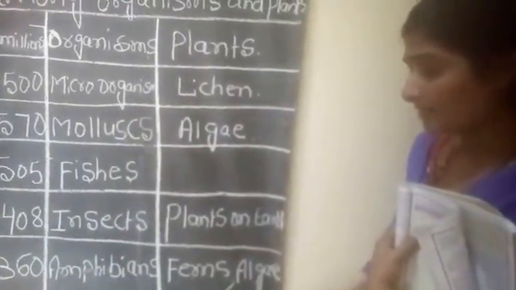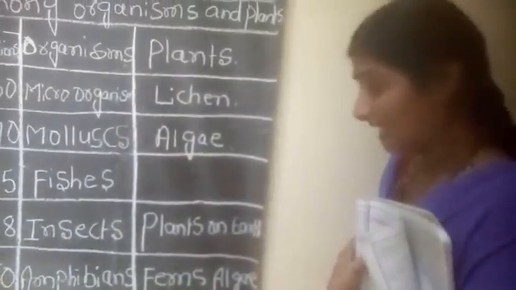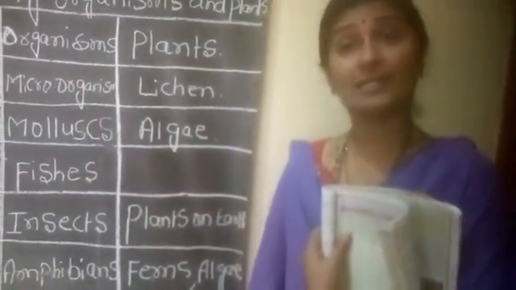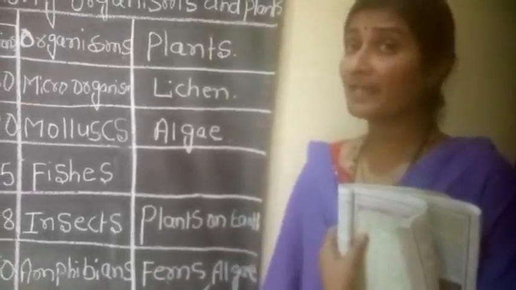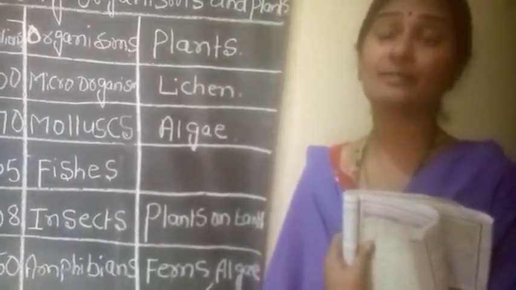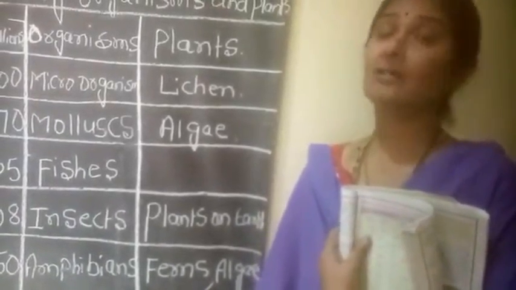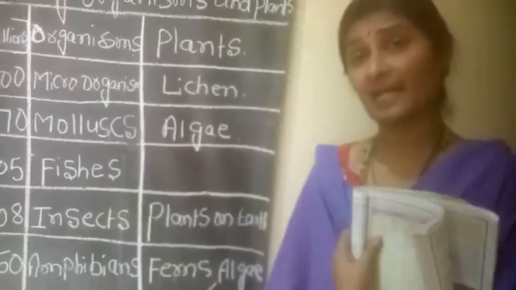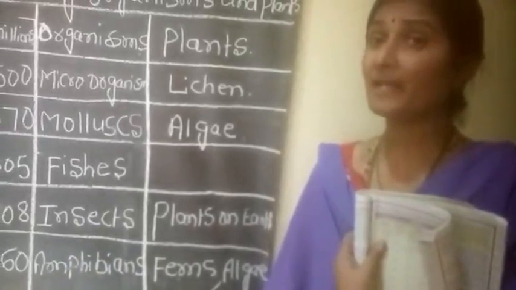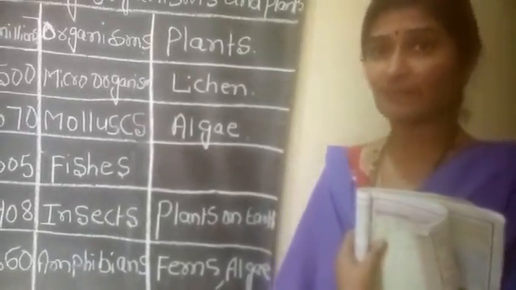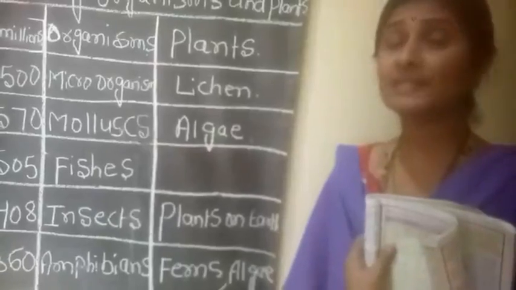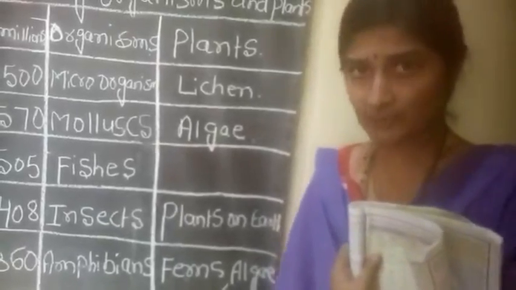And in the plants column, you find ferns and algae. What are ferns? Ferns are the green plants which bear no flowers and have long thin leaves. Algae, I have explained, is a plant which grows mainly in water.